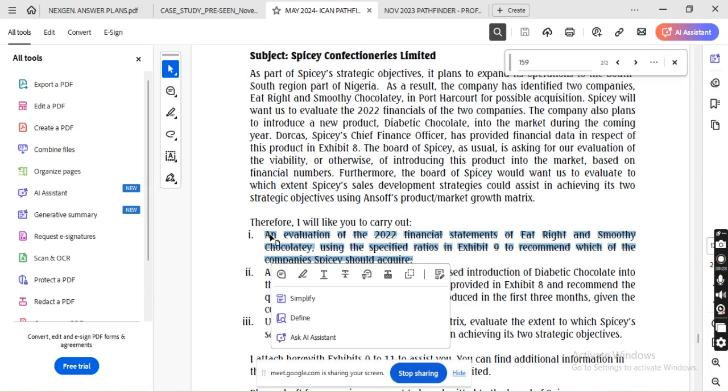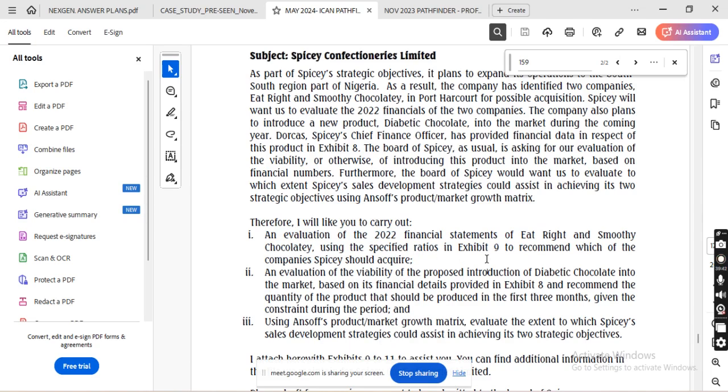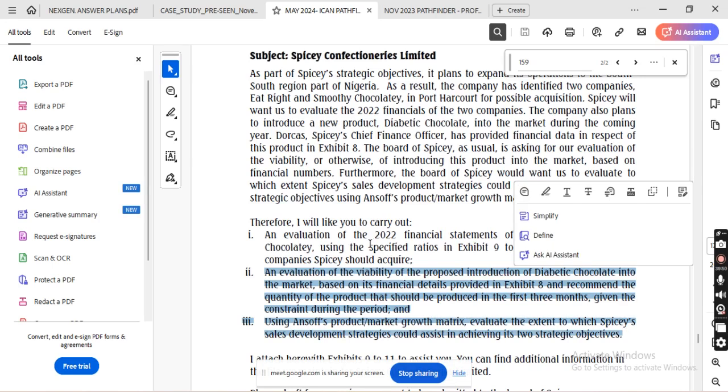When you check Exhibit 9, you will do your financial analysis based on the ratios specified in Exhibit 9. You can see that the first requirement is cleared. And this is another responsibility. And this is it. And these are the 3 requirements in this question.